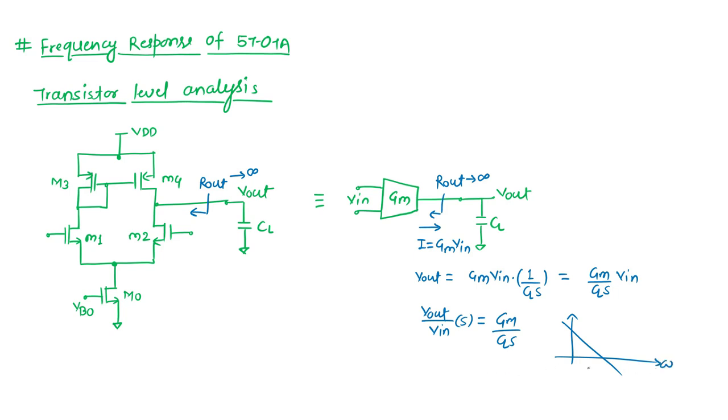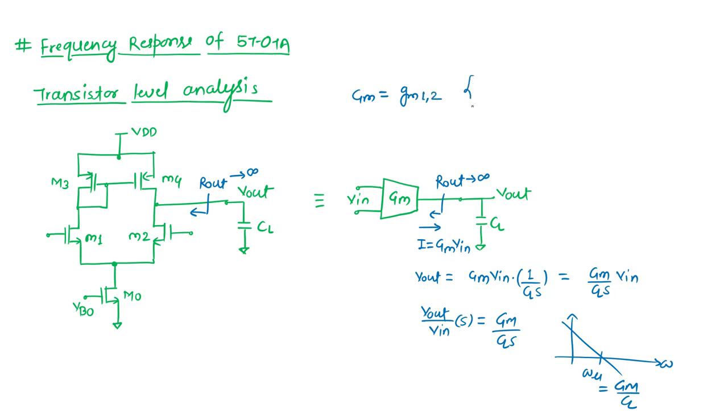So what is the UGB? UGB here is GM by CL. For any GM cell, its own GM divided by output load is nothing but a UGB, which decides the speed. Okay. So here also, they both are the equivalent structure. So GM is actually nothing but GM of one or two transistor.